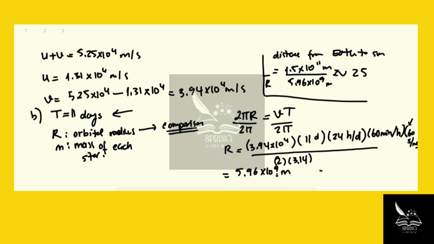Now, going back to the last part, we were asked to calculate the mass of each star. How are we going to do that? Again, let's remember that we have 2 stars, right? So the gravitational force between the two has to be equal to the centripetal force.